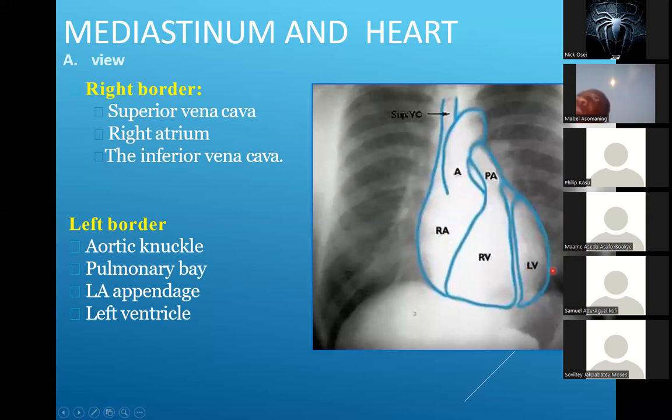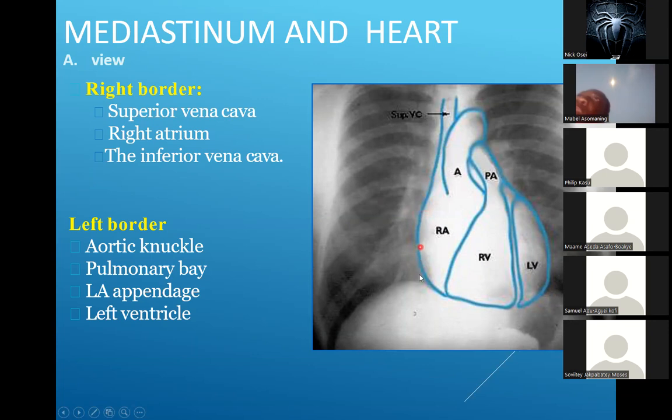On the lateral aspect to the left, you expect to see the left ventricle. What you see there is the left ventricle. And what you see on the far right will be the right atrium. And then in the middle, the middle part will likely be the right ventricle. All right.